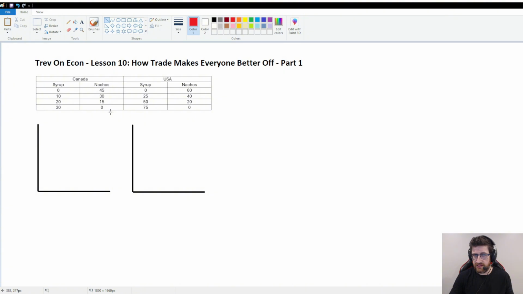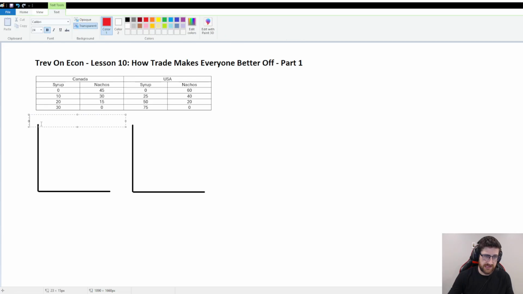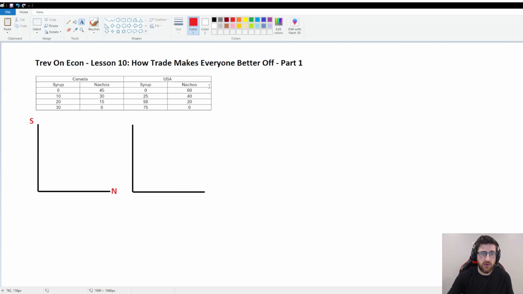So this is going to be a linear relationship. So I'm just going to plot the intercepts of 0 syrup, 45 nachos, and 30 syrup, 0 nachos. Just for consistency, let's put syrup up there, nacho down there. And we will end up with, let's just say, roughly something like this.